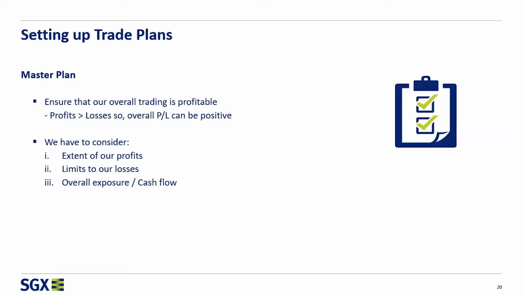You get me? So for example, I make 10 trades. For six trades I make $100 each, and for the 4 trades I lose $100 each. So my total out of 10 trades, I am up by $200.